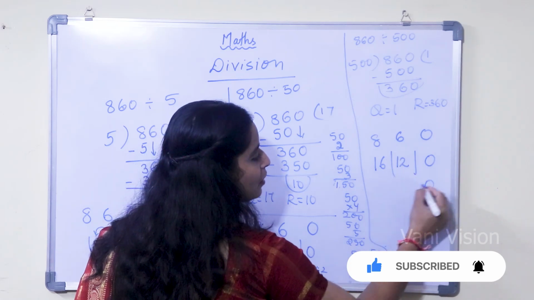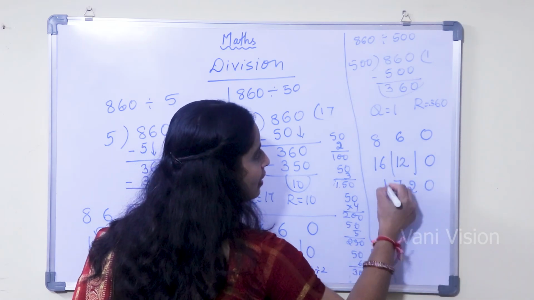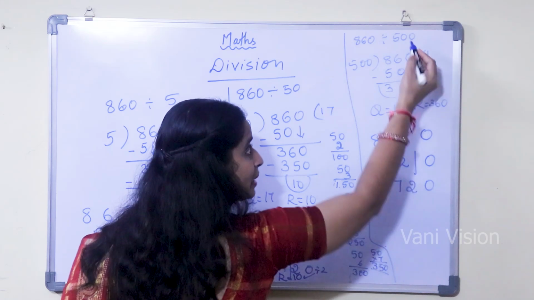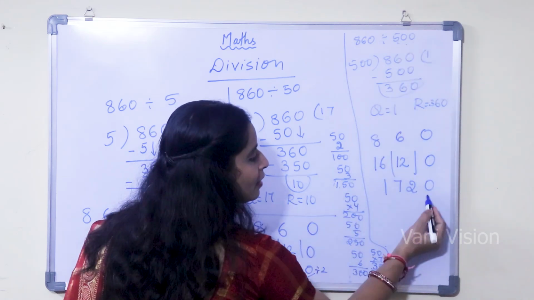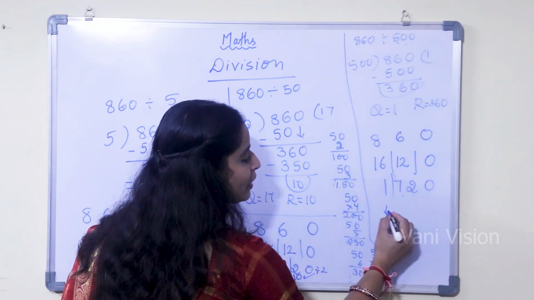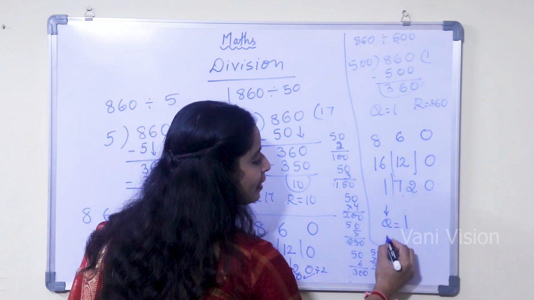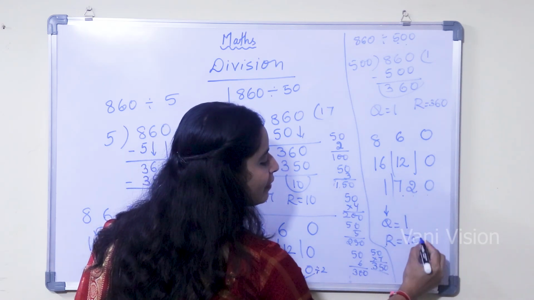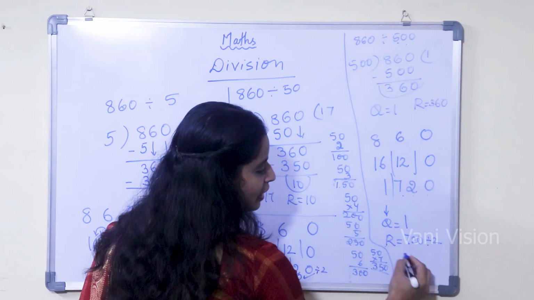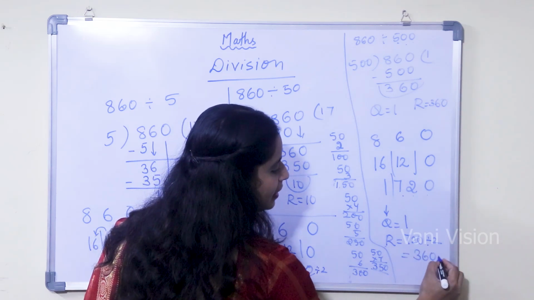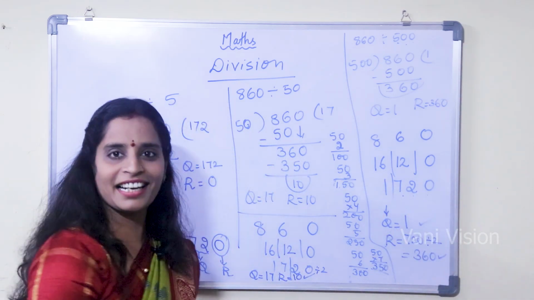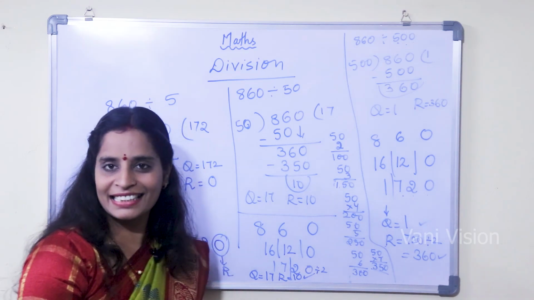Same 0, 2, 7, 1. Now, how many digits over here? 1, 2, 3. So what is our quotient? Quotient is 1. Now the remainder is 720. Half of it we should write. It is what? 360. Clear? That was easy, right?